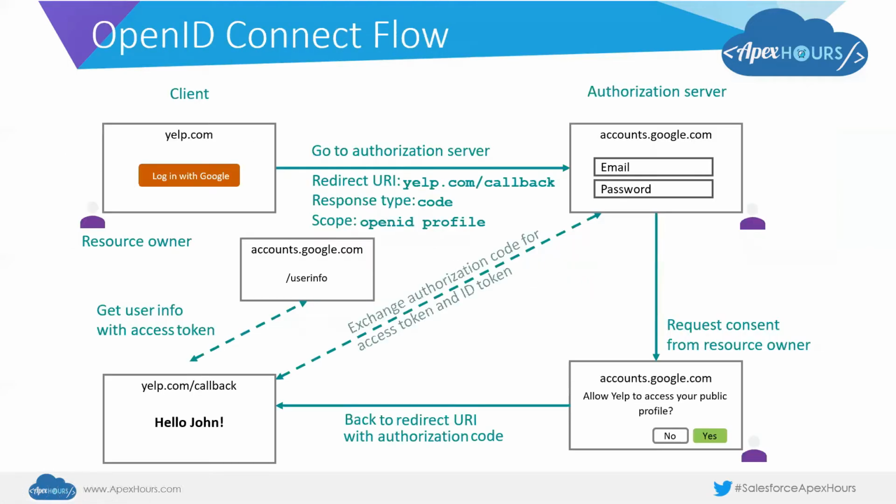Before drilling down into the differences, let's first try to explain this scenario: how the OpenID Connect authorization flow works with a real-time example. Let's suppose there is a resource owner, let's suppose this is myself, and I'm using a browser. I'm going to the browser, and let's suppose I'm on Yelp.com, or say I'm on Salesforce.com, and I have a button there called login with Google.